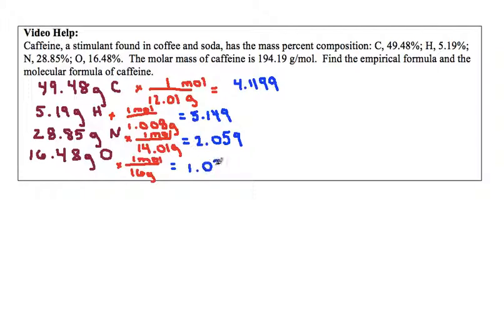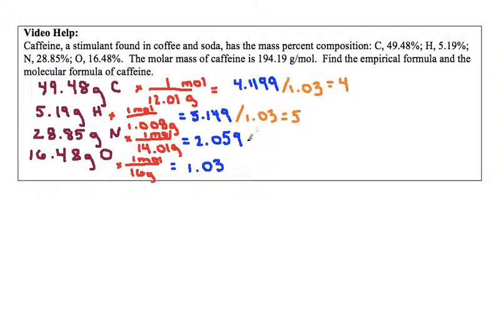Now I need to divide by my smallest number of moles, which in this case is the 1.03. And remember, this is the part where you need to get the whole number. So 4.1199 divided by 1.03, and I get 3.99999. Well, that is 4. If I had gotten like 3.6, no, you can't assume that that's 4, but since it was so close, it's fine. Again, 5.149 divided by 1.03, I get 4.9999, so this is going to be 5.